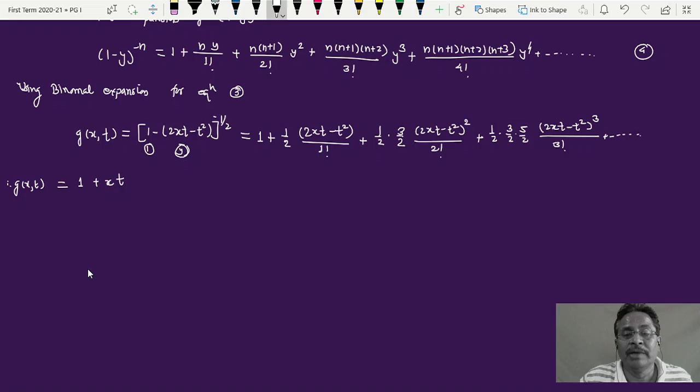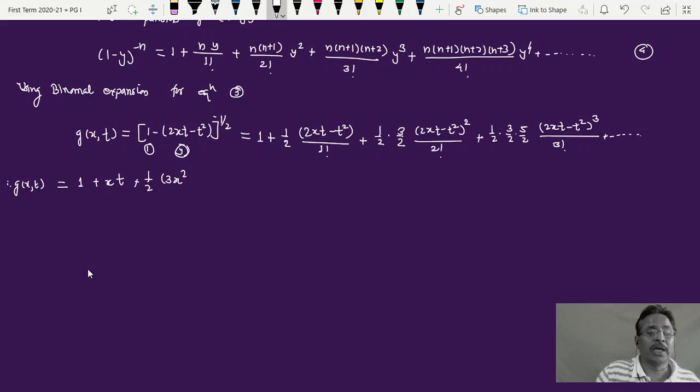But here also, solving this, when I solve this twice xt minus t square whole square, I'll get 4x square t square plus t raised to 4 minus 2 into 2 is 4xt into t square, that will be 4x into t cube, and every term has 2 factorial, 2 factorial having value equal to 2, 3 by 2 is there, 1 by 2 is there, and here also expanding this twice xt minus t square raised to 3, adjusting all these terms, we will get the next term is plus 1 half times 3x square minus 1 into t square and plus all other terms.